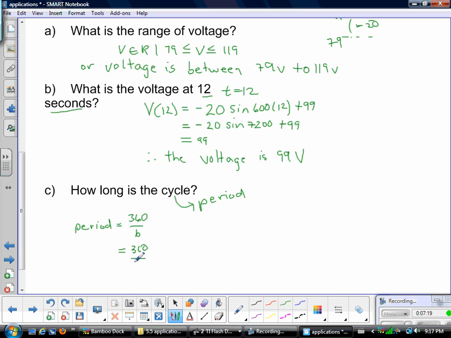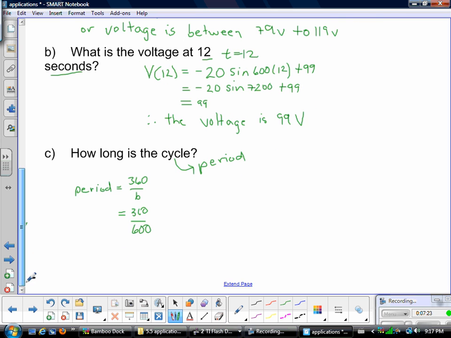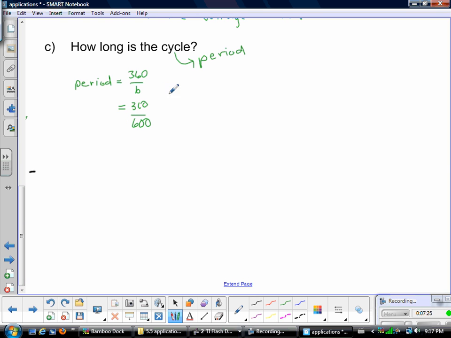So when I substitute 600 in here, I have to reduce that because it's not in lowest terms. Now I've seen some textbooks that leave it like that. I really don't particularly like that. So obviously 10 goes into each one, 6 goes into 36 6 times, and it goes into 60 10 times. I'm still not done.